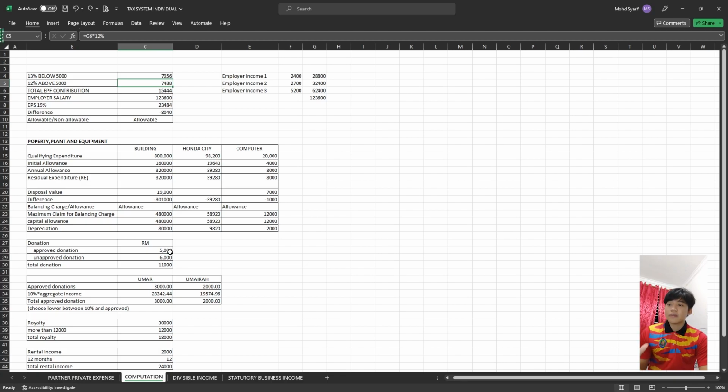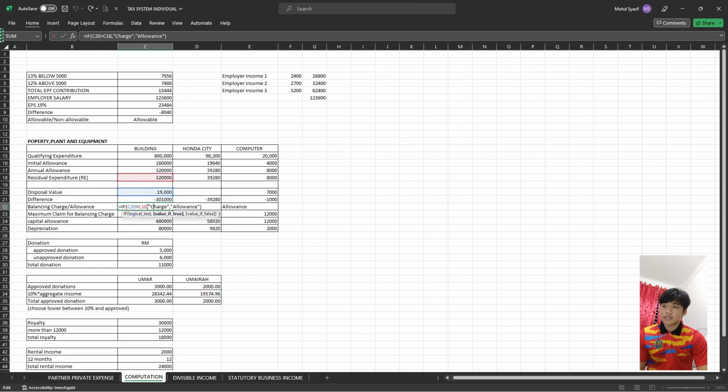The main point is that we get the allowances charged, which is when the disposal value is less than the residual expenditure. This is an example of the allowances and chargeable.